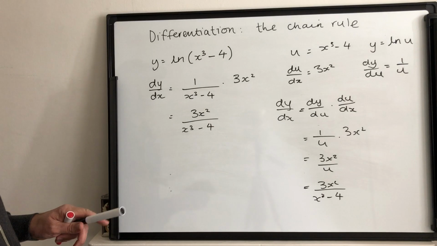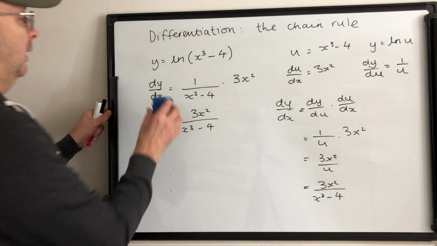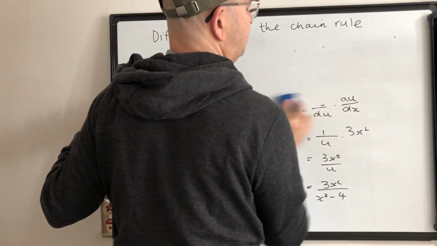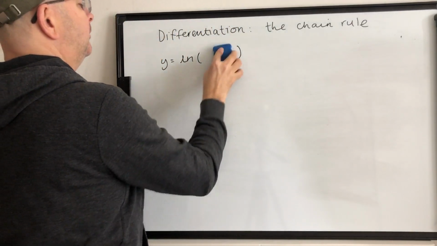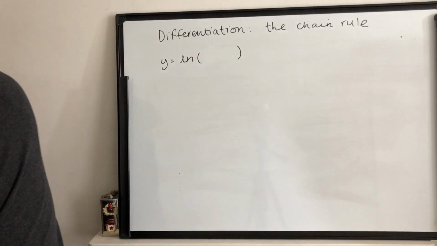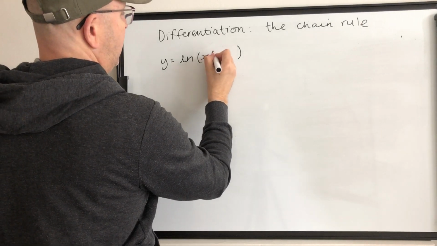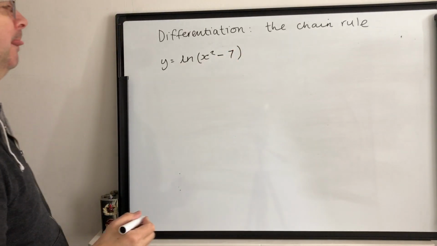Let's do another one of these because they're quite important. So let's do another ln. Let's say it's x squared minus 7.